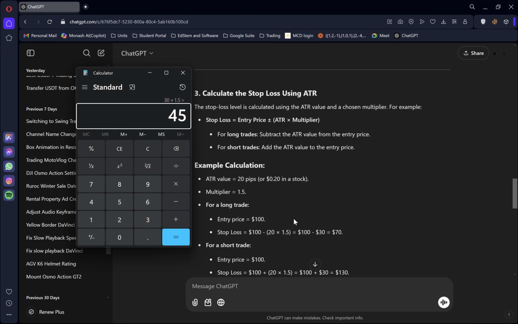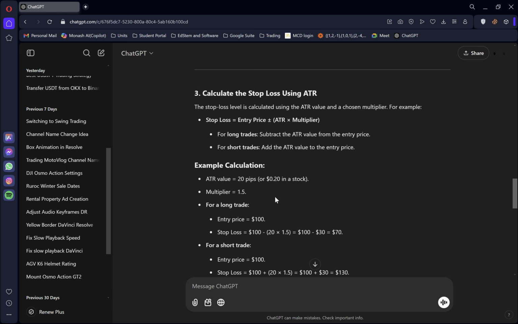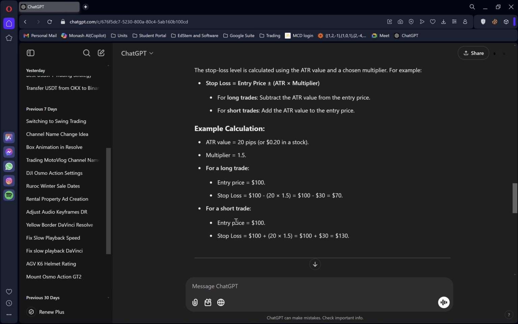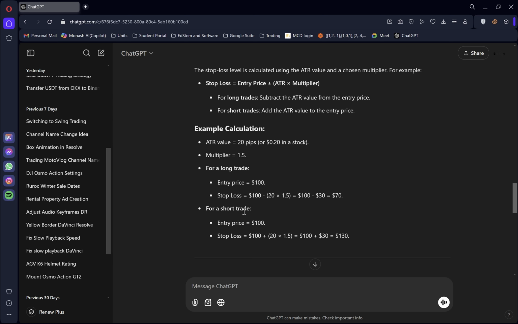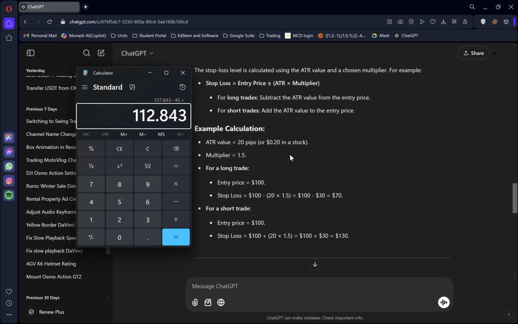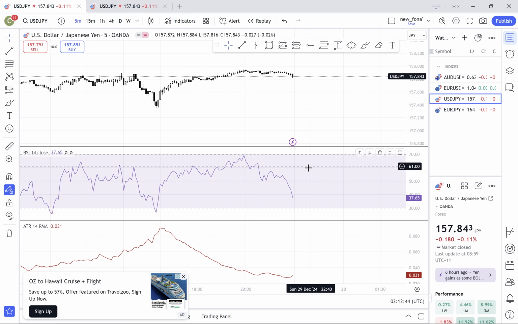So 157.843 minus 45, 112. So if you're going to take a long trade, our stop loss should be at 112.843.